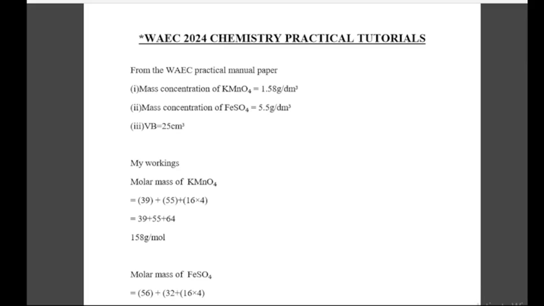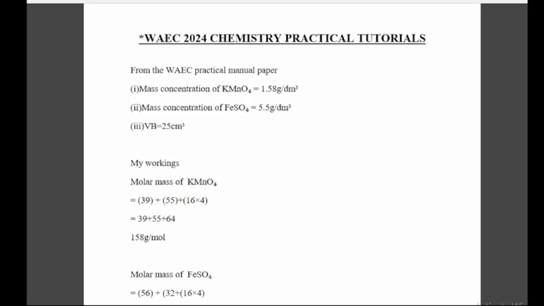Before we move further, let us quickly look at what the molar mass of these two substances will be, because that will come handy when we start answering the questions. Talking about the molar mass of the potassium permanganate, which happens to be the acid, this is KMnO4. The potassium has a mass of 39, the manganese has a mass of 55, as well as oxygen having a mass of 16.